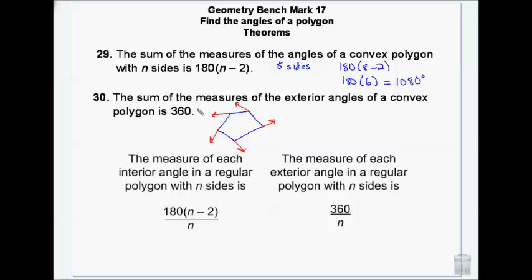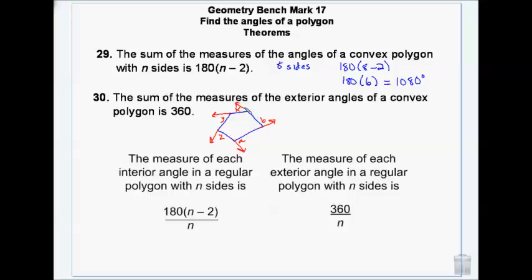They have to go in the same direction, kind of like spokes of a wheel. If you add all of these up, they would add up to 360. And it doesn't matter what shape it is. If all of the exterior angles are going in the same direction like this, they will always add up to 360.